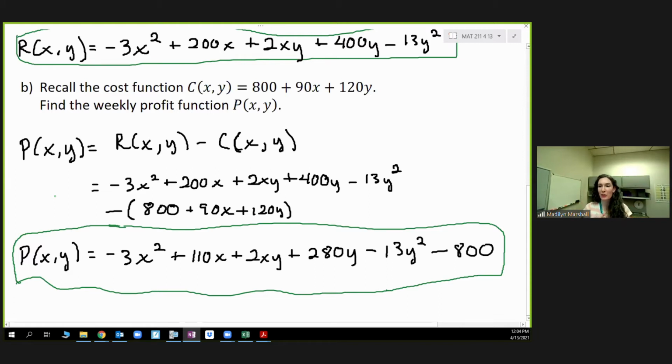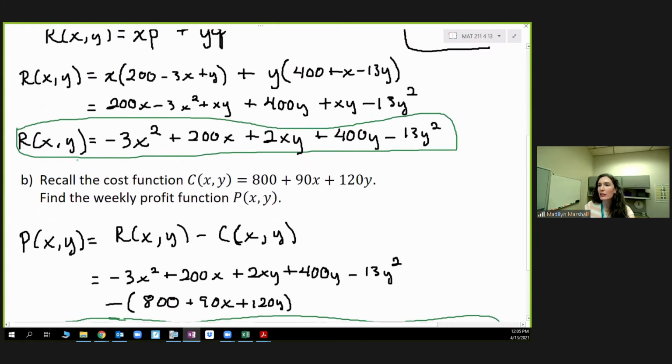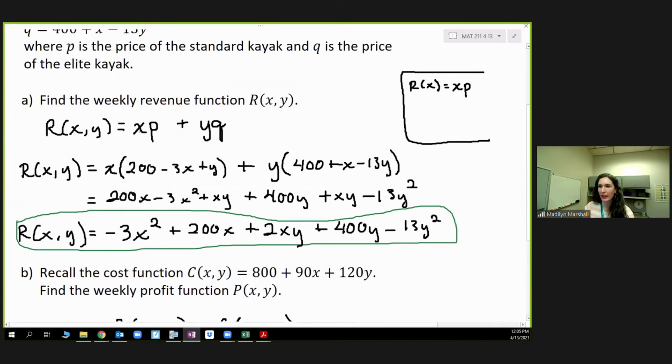Because really the important parts here are profit is still revenue minus cost, no matter how many variables we have. And our revenue still comes from multiplying the number of units we're selling times the price each of those are selling at. We just have to consider if we're selling more than one thing, we're getting revenue from each of those different things. I think I missed it somewhere.